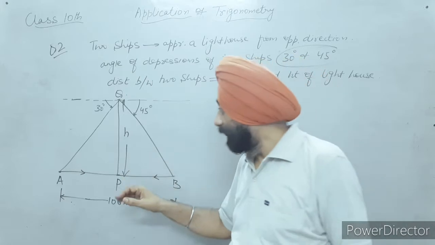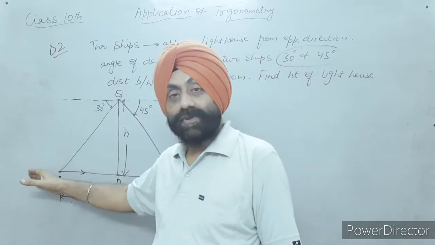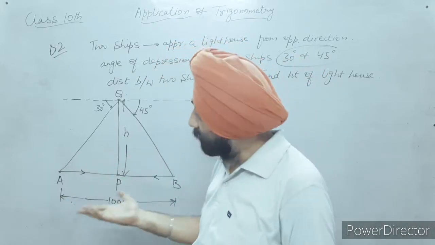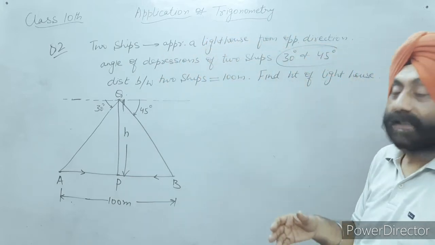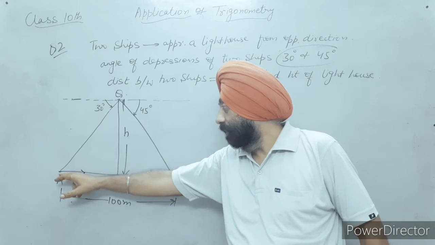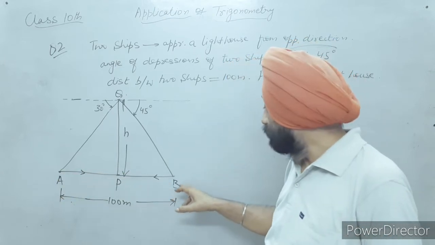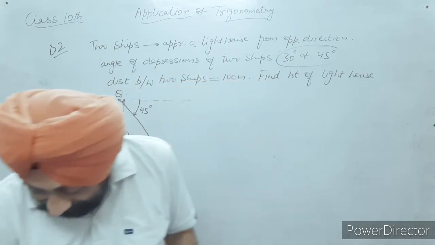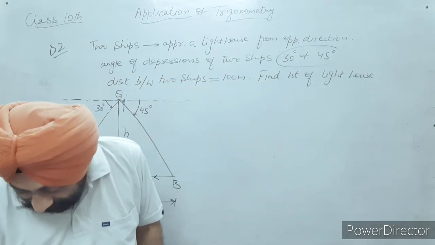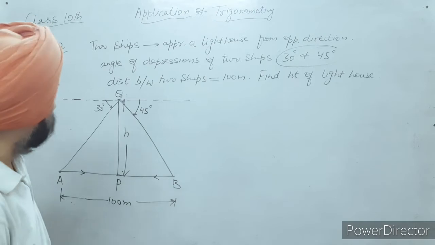Now the question can be, two ships are approaching from the same direction. In this case, two ships are approaching the lighthouse from the opposite direction. One ship is coming from this direction, the other ship is coming from this direction. Now, the distance between the two ships was given as 100 meters, right?